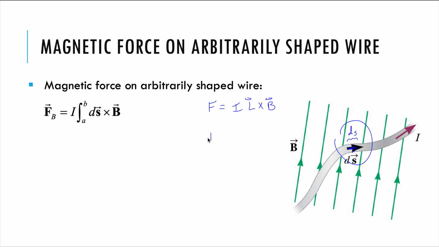So the force on that little segment, we call it dF, is going to equal I ds, where the length is ds, cross B. And then you just integrate this over the whole length of the wire. Let's say the wire goes from a to b, and that's how you get this integral.